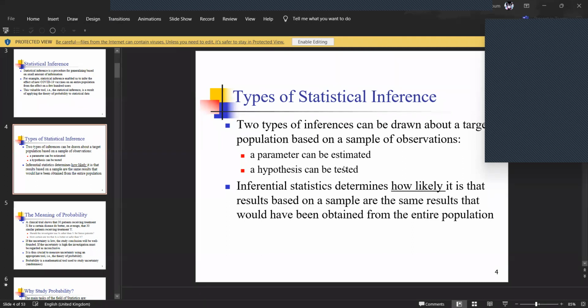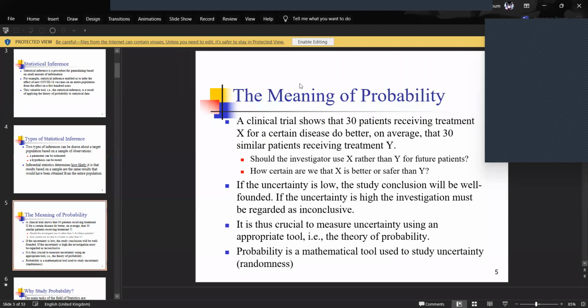Inferential statistics is how likely it is that the sample is the exact same as the population. So what does probability mean? We have a clinical trial saying that 30 patients receiving a treatment for X do better than 30 similar patients getting Y. So the hypothesis is that X is better than Y, right? How do we know for sure that X is better than Y?